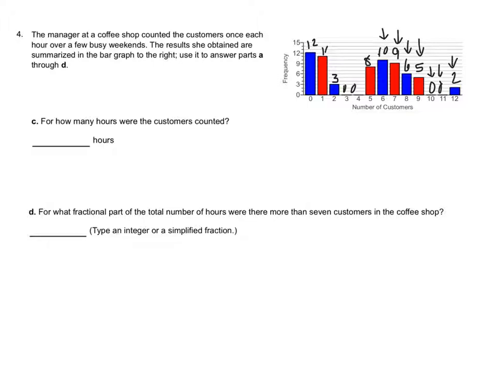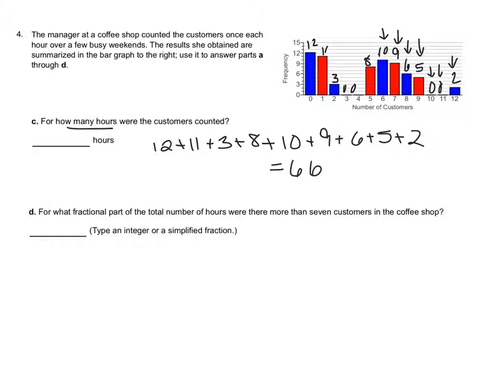We're going to add all these frequencies together to figure out the number of hours that the customers were counted. So 12 plus 11 plus 3 plus 8 plus 10 plus 9 plus 6 plus 5 plus 2 will give us 66. So our answer to part C is 66 hours.